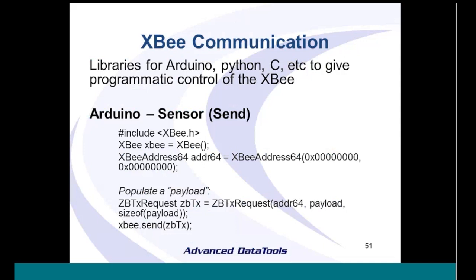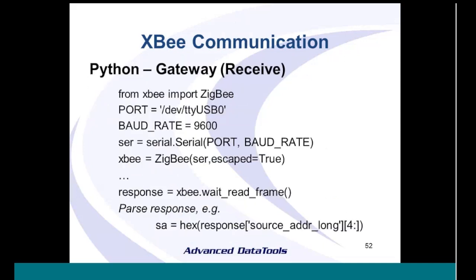It's sensor information. On the gateway, that's the Beaglebone, where I'm receiving that data, I'm running a Python script, which will just pull in the information or wait to read information and then parse that payload that it received and pull out the sensor data that it needed and the location it came from, that kind of thing.